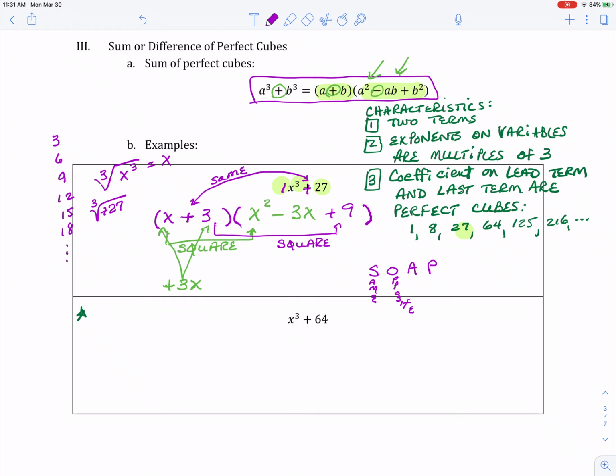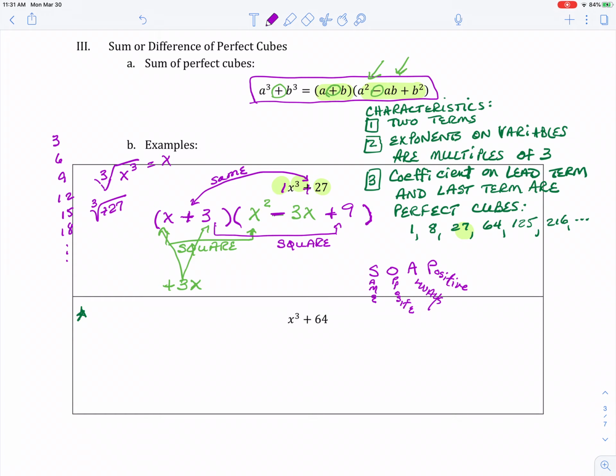So you see a positive in this position, you see a negative in that position, and then the AP stands for always positive on this last term. So I don't know if that will help you or not, but I'll try to say it for you a couple more times.